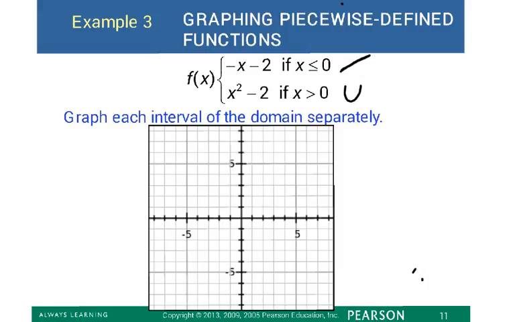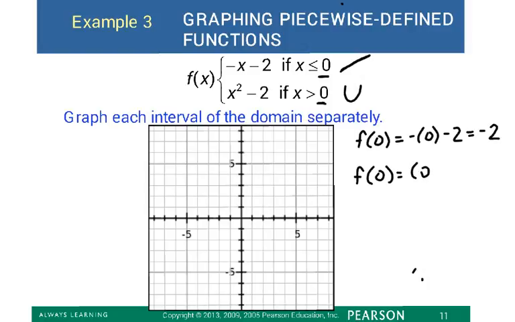And by plugging in 0 for each piece. So f of 0 for this first part of the function is negative 2. And then the second piece of the function, if we plug in 0, we get, again, negative 2.